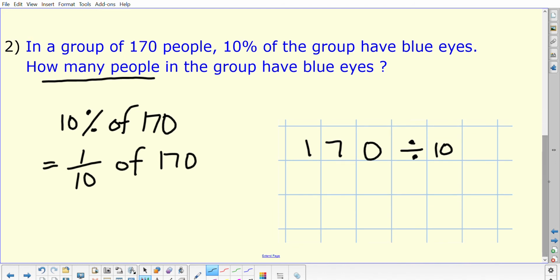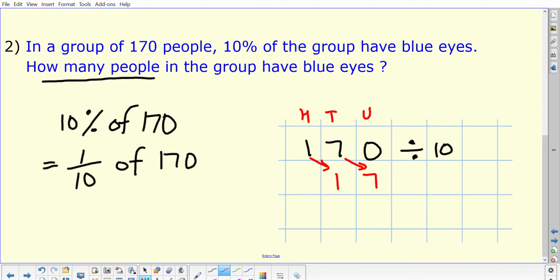Now when you're dividing by 10, the easy way to do that, sometimes people talk about taking a 0 off, but what is actually happening when you divide by 10 is your place value. You've got hundreds, tens and units. When you divide by 10, everything moves one place value to the right, so you end up with a 1 in the tens column, 7 in the units.